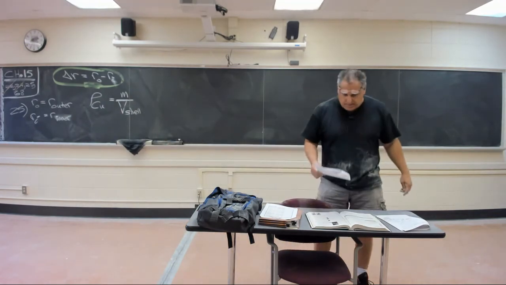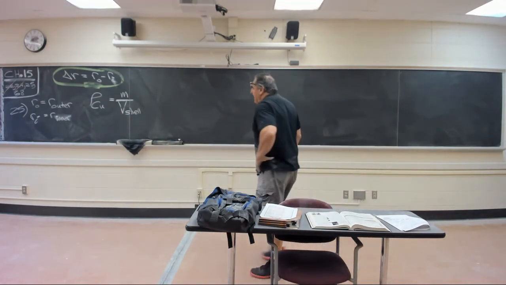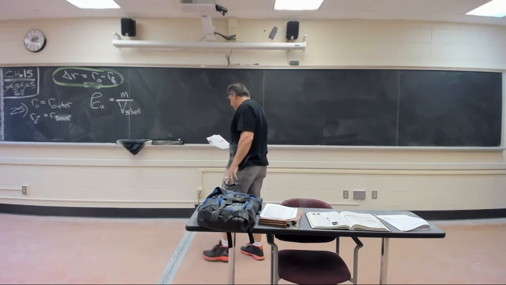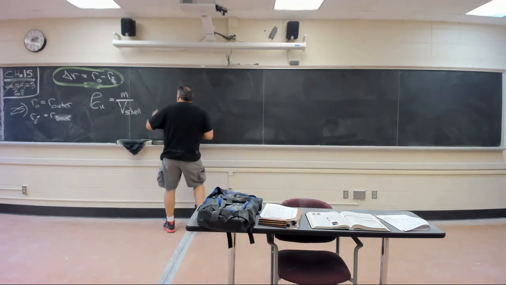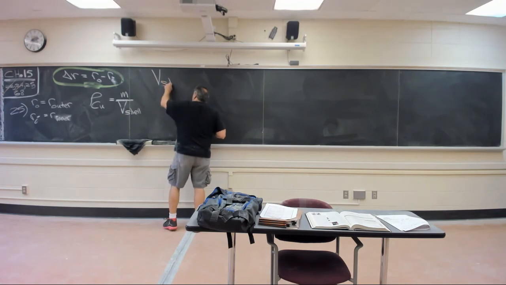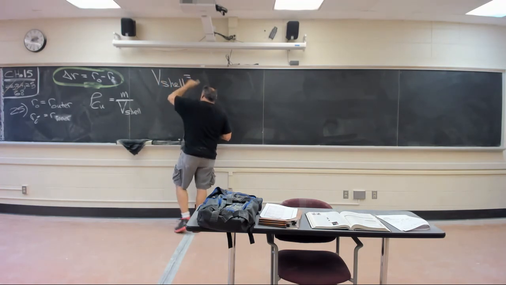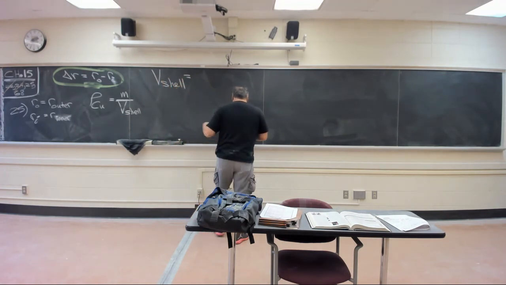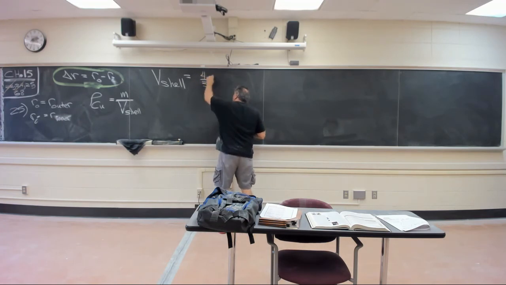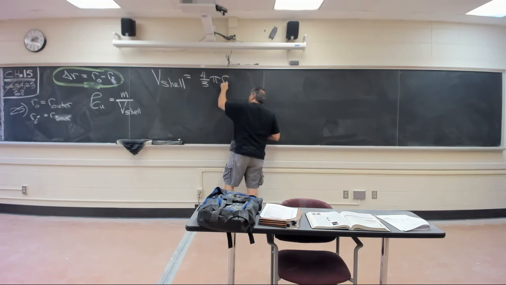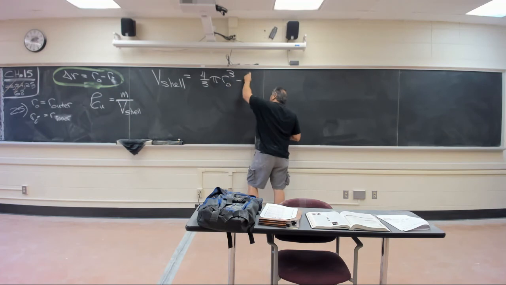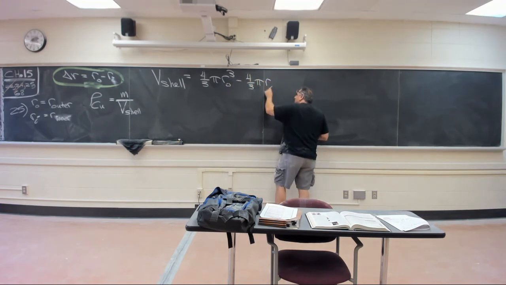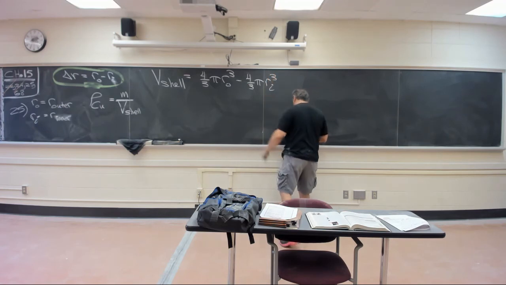How do you want to play this? My gut is telling me this. The volume of the shell, and here's the real strict way to do it. The volume of the shell is 4/3 pi r outer cubed minus 4/3 pi r inner cubed.